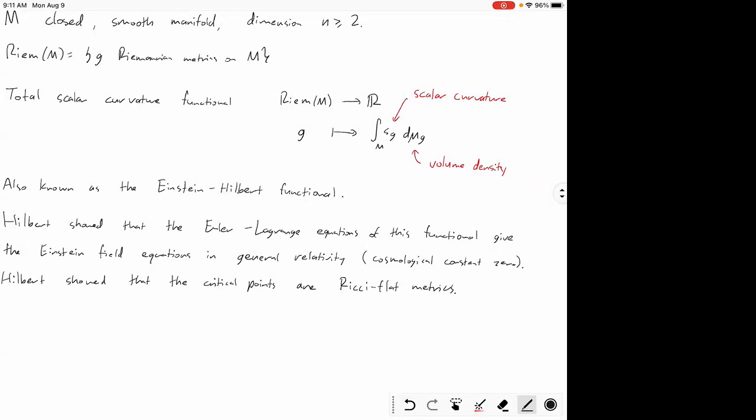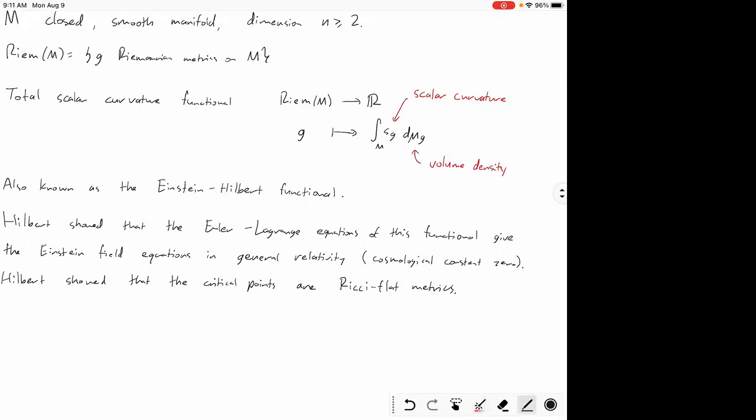Just like a function has critical points if its derivative is 0, a functional has an appropriate notion of derivative 0, which is related to these Euler-Lagrange equations. And the metrics for which that's true are precisely the Ricci flat metrics. So there's some intrinsically interesting geometry going on here in terms of this functional.